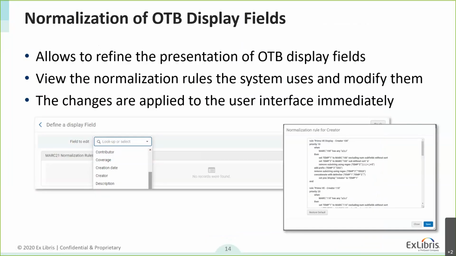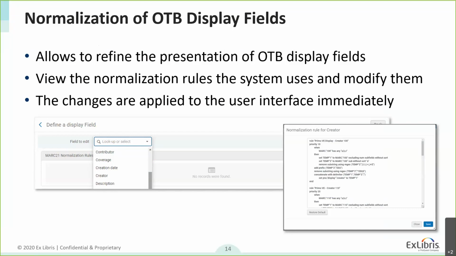Normalization rules for out-of-the-box display fields. What we have in Primo VE now is out-of-the-box display fields with our normalization rules. We know that customers would like to update the display fields, remove or add fields, etc. So we allow you to refine the presentation of the out-of-the-box fields using the normalization rules.